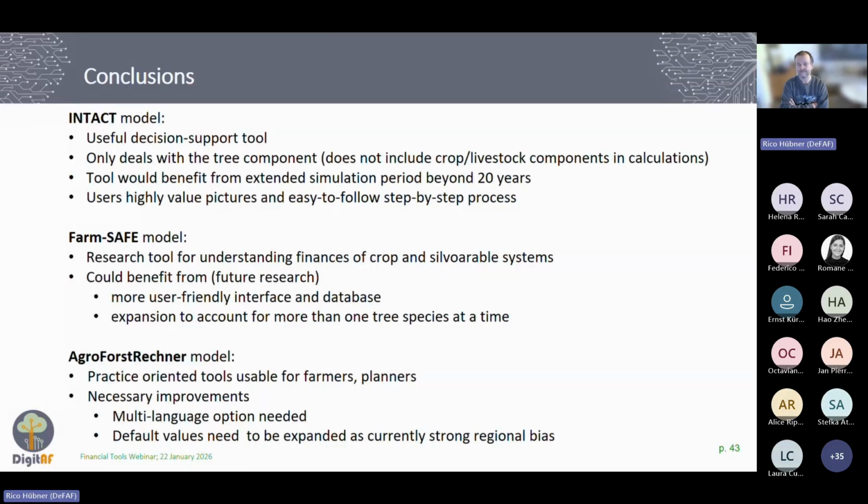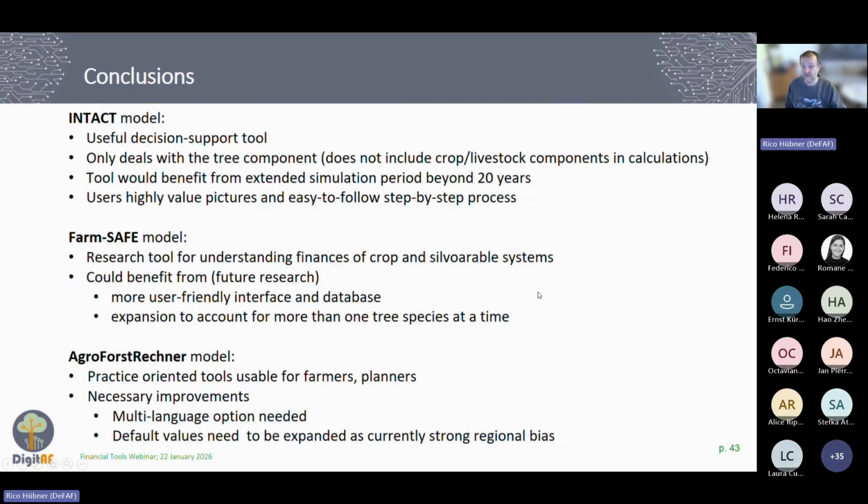The FarmSAFE model is more focusing on research and is very detailed.